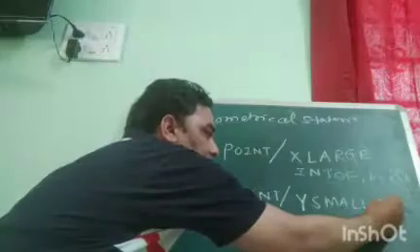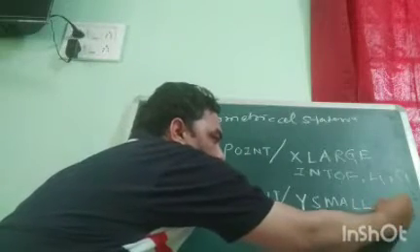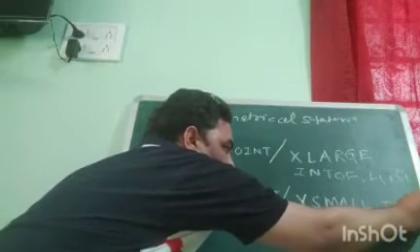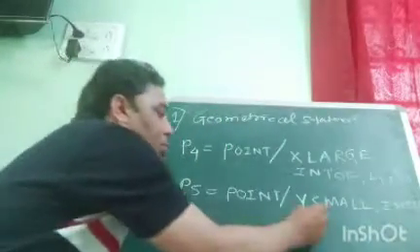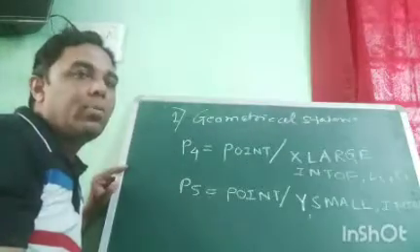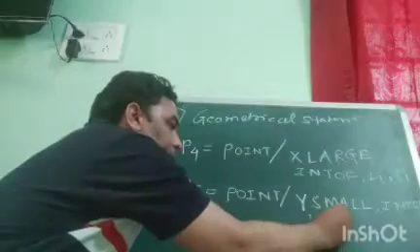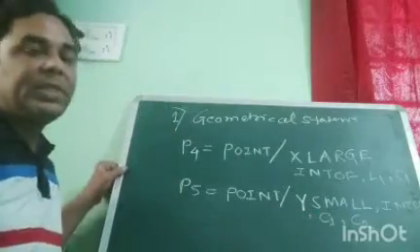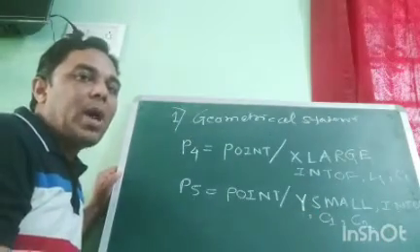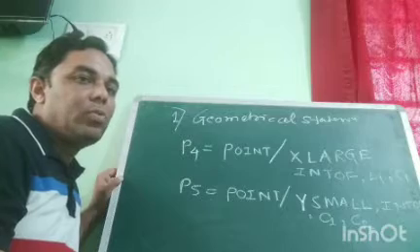So we need to write down comma INTOF, comma C1 comma C2. C1 represents the circle C1 and C2 represents the circle C2.